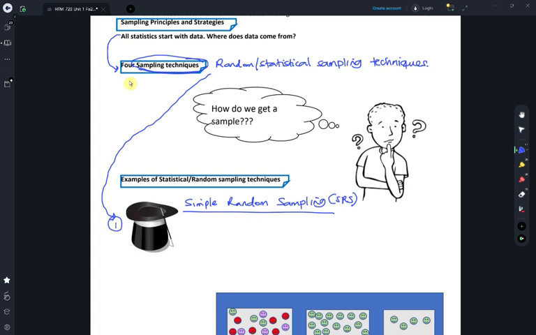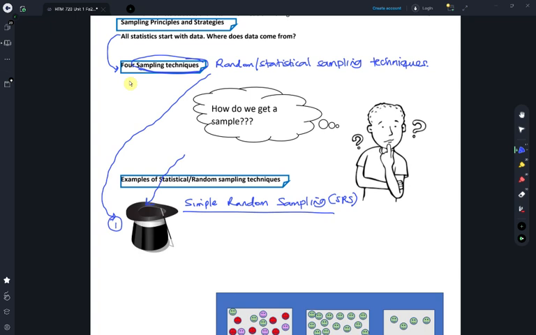I might have all students write their names on a piece of paper and put it in this hat. So at the end of the day, I'll have 30 pieces of paper of the same color, the same size, all wrapped up to the same size. Then I might ask a random person to shake that hat very well and pick out 5 names.